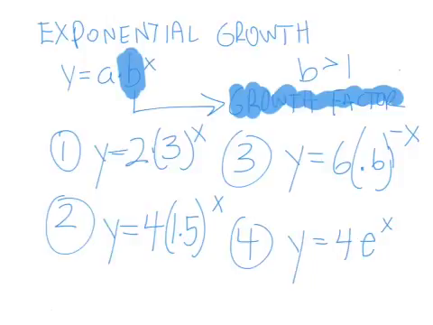So as you'll see in problem number 1 here, I have a base of 3, obviously greater than 1. Number 2, 1.5. Number 3, kind of sneaky, but I'll show you what's happening here with the exponent.